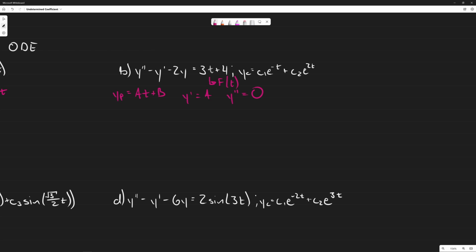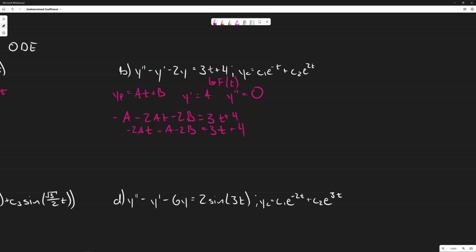When we plug it back into the equation, we will get negative a minus 2at minus 2b, and that is equal to 3t plus 4. We can group these together, so we have negative 2at minus a minus 2b is equal to 3t plus 4.